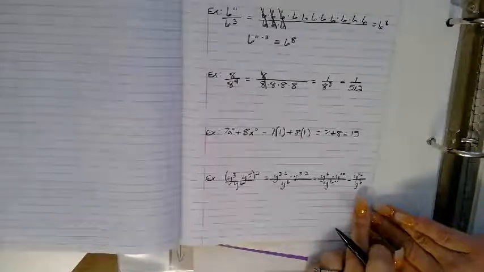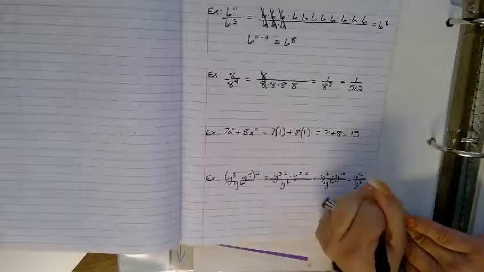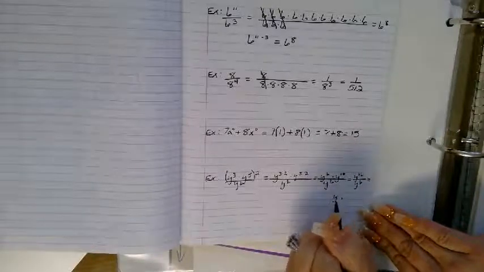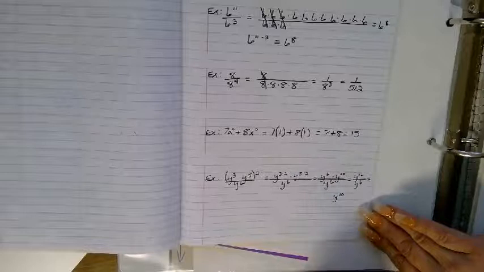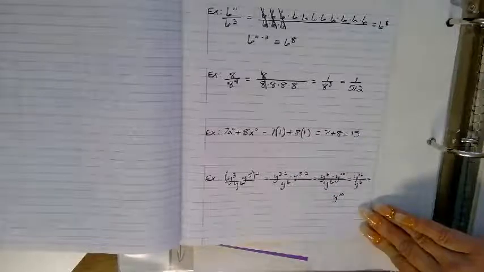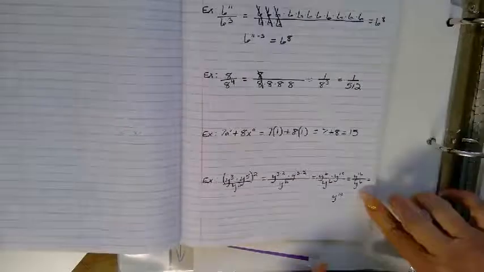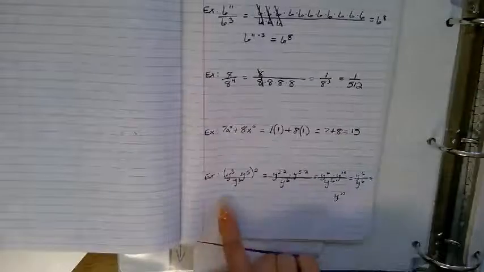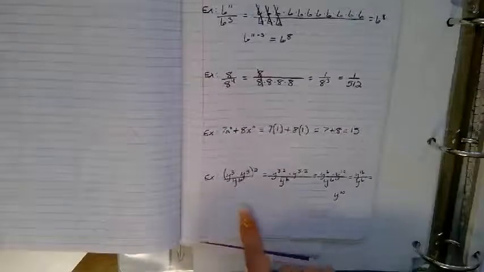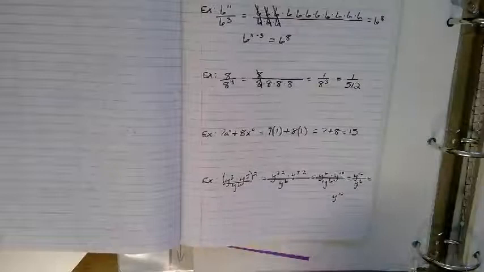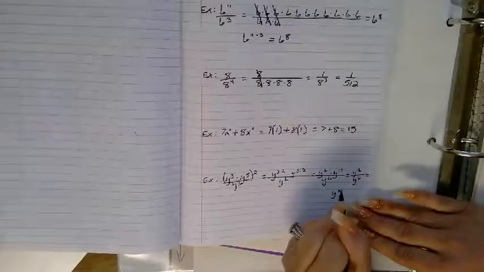So y to the 10. And if you want to even write that expanded, where you do the y 16 times over y 6 times, you'll still get your y to the 10. But I would only do that if you know you're going to be dealing with that negative. So there's your answer for that one.